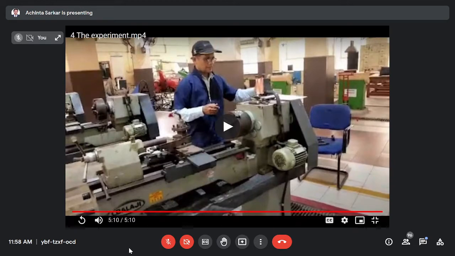Some machines have a 4 jaw chuck. We have 15 machines for you, and some have 3 jaws and some have 4 jaws. Intentionally we fitted 4 jaws to machine irregular shape jobs. The chuck is not an integral part of the lathe machine.